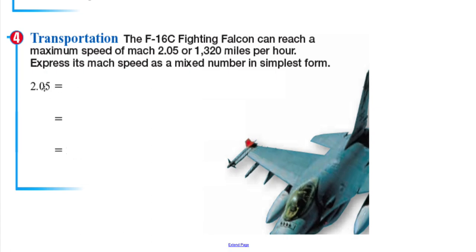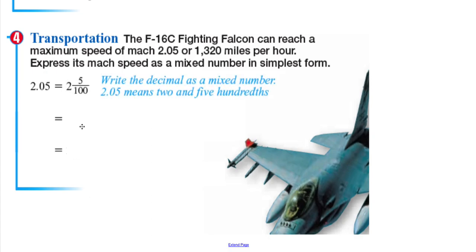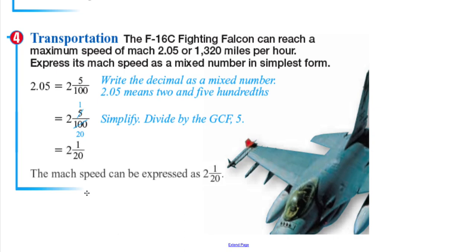Again, 5 is in the hundredths place, so this becomes 2 and 5 hundredths. And then we simplify that. That's a 1, that's a 20. Again, using prime factorization, we have 2 and 1 over 20. So the Mach speed can be expressed as 2 and 1 over 20. And that's our lesson, boys and girls. Thanks for watching.